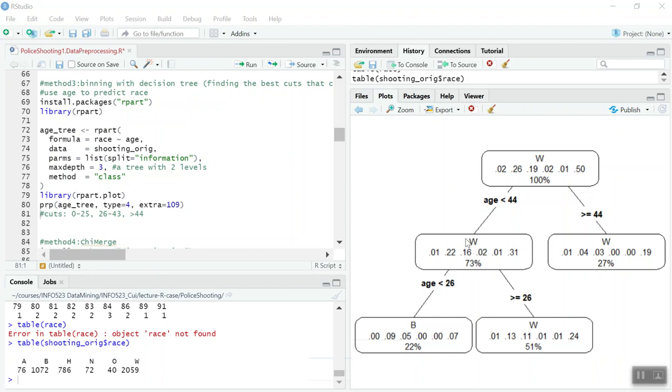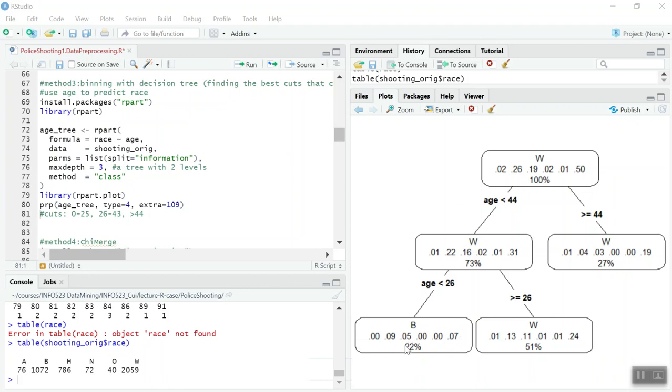And then the decision tree further divides this based on age. Now we can see the decision tree picked 26 as the cutting point. Here we can see Black victims are actually greater than any of the others.